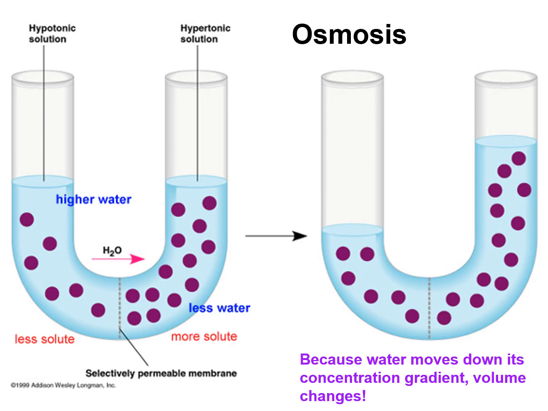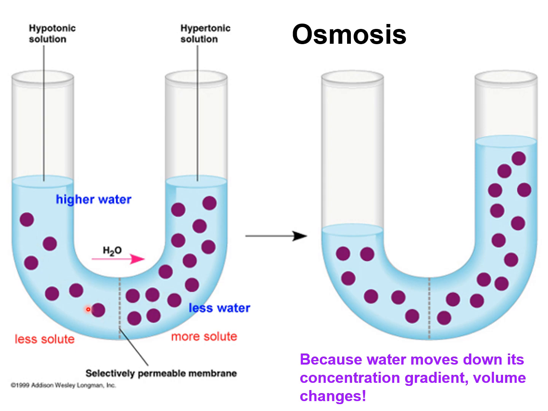Okay, so here we've got a picture of water, and we've got the solute molecules here in purple. Maybe this is salt or something. And we've got a semi-permeable or selectively permeable membrane in between the two halves of the tube here.